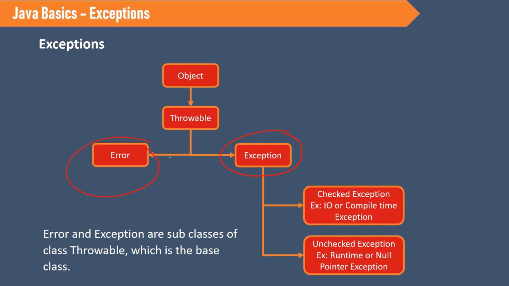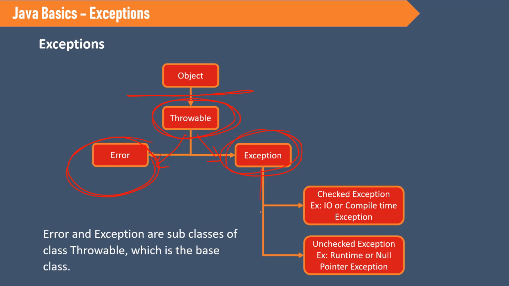And Error and Exception are subclasses of the Throwable class. So the Throwable class is the super class for all the errors and exceptions. Anyhow, the Object class is a super class for all the classes in Java, but the Throwable class is a super class for the Error class and Exception class.